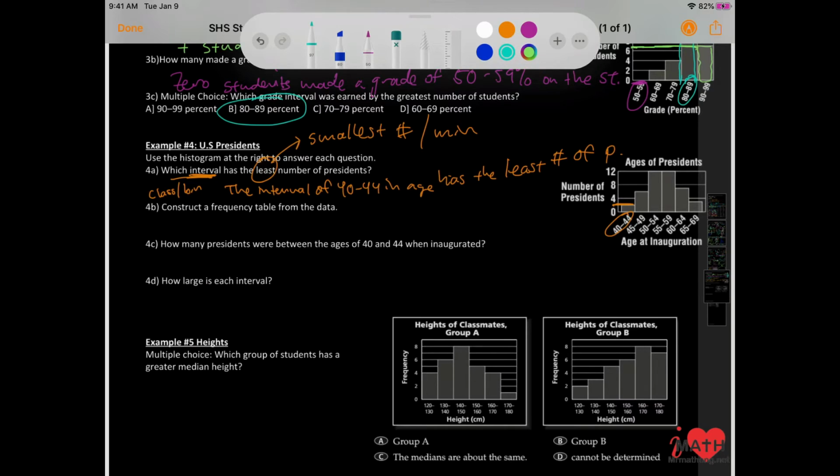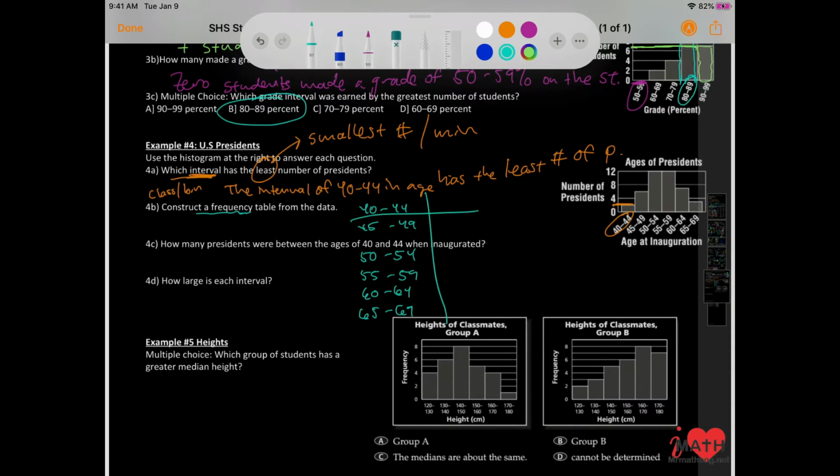Construct a frequency table. Excuse me. So I would just have to do 40 to 44 and just write down all the bins or classes on the horizontal there. 50 to 54, 55 to 59, and 60 to 64, and 65 to 69.